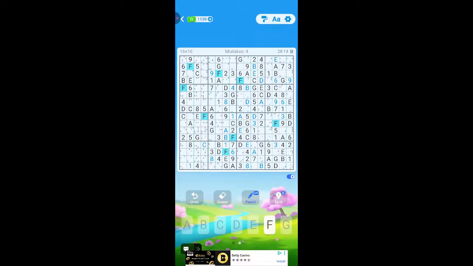Considering horizontal and vertical all considered. G. So we have this one, that one, that one. We have this one on the top, so that's a G. That was easy. And the last one's on the other side.